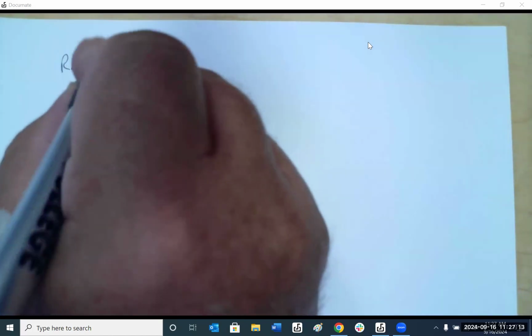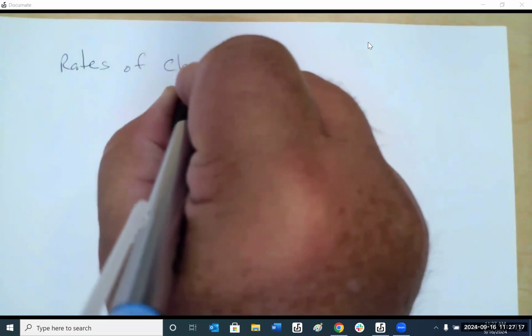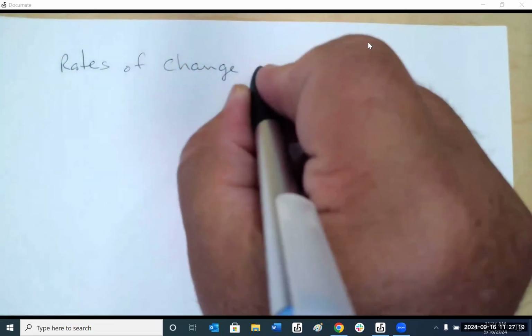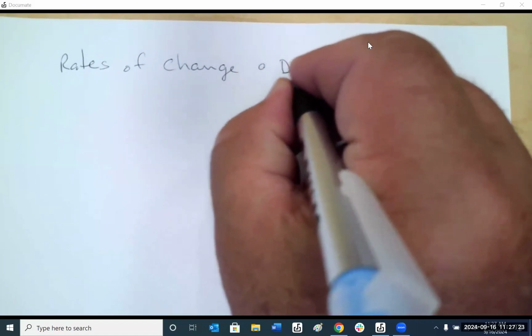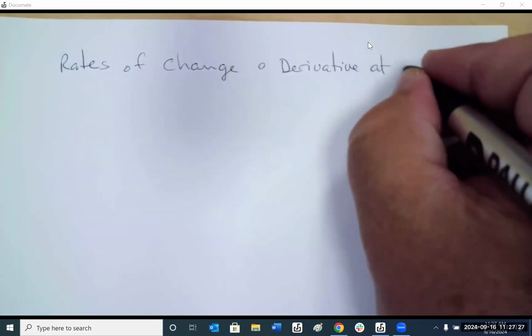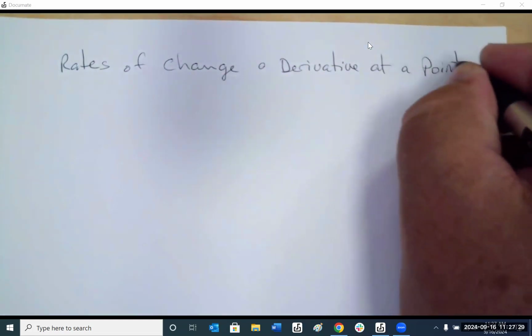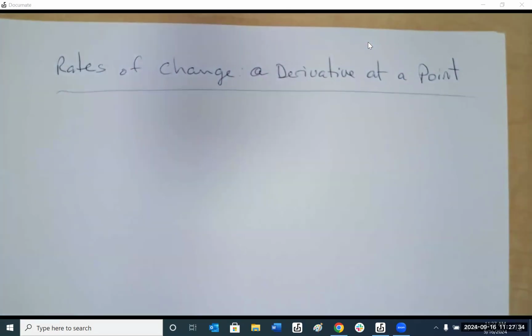Remember, derivatives are also rates of change. The rate of change is the derivative at a point.